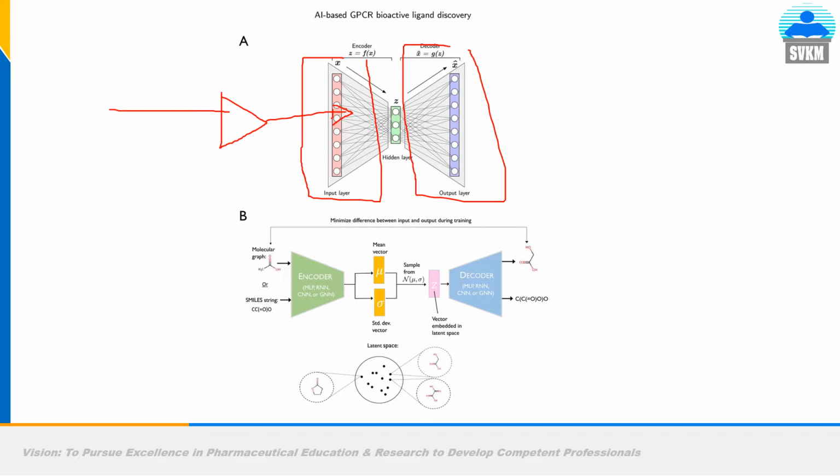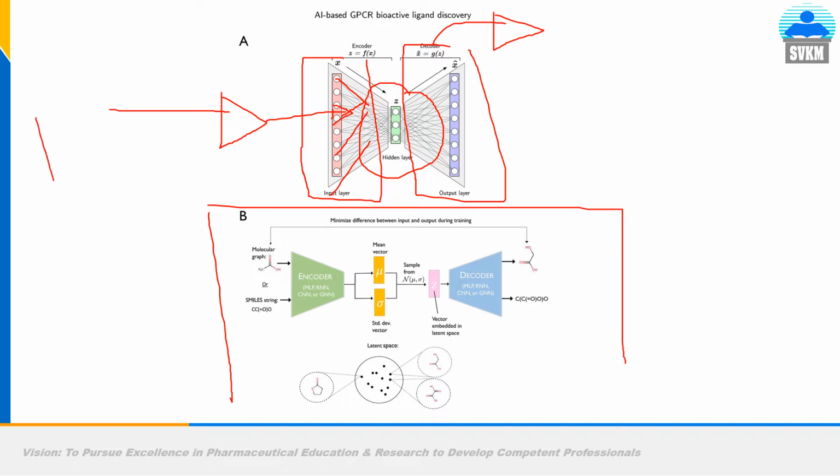The input layer will take only required features, and in the hidden layer it will be compressed. From the compressed latent space, the decoder will try to generate the same image or same item as the input, right?